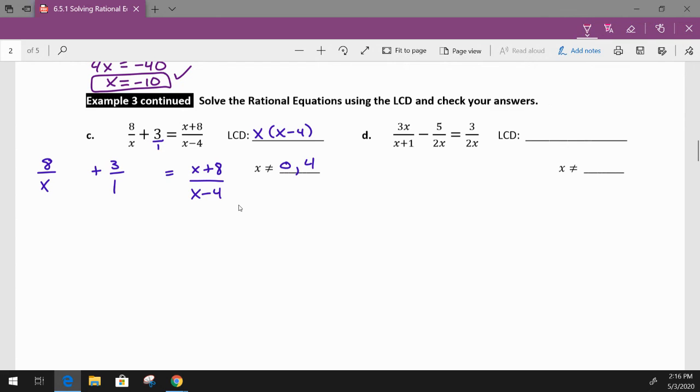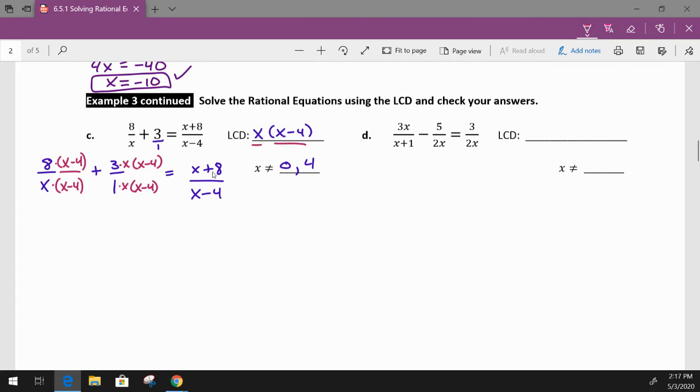Now I want the top denominator to have an x and an x minus 4. My first fraction already has an x, which means I need to multiply it by x minus 4 on the top and the bottom. My second denominator does not have either an x or an x minus 4. So we're going to have to multiply this term by x and x minus 4.